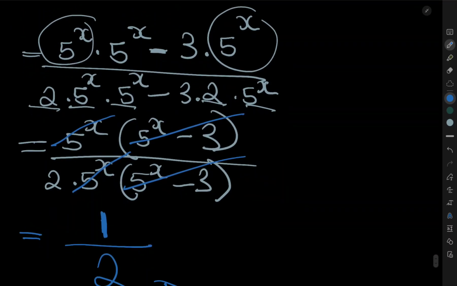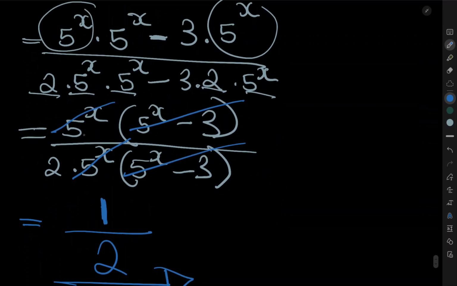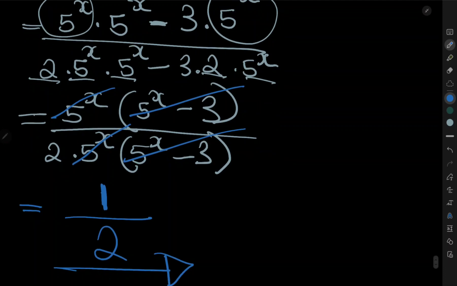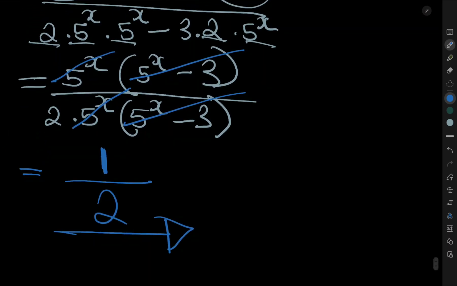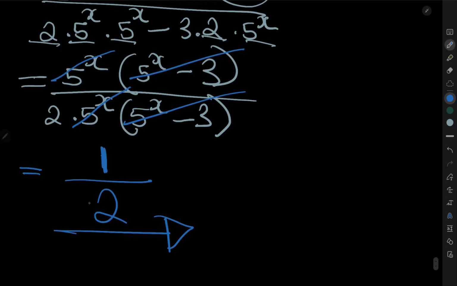And in this case, that's what we did. We took out the common factors, and from what's remaining, we see that it's the same thing, and we can cancel out in that situation and have 1 over 2 remaining. So those are basically the steps that you need to take in solving mostly exponential equations and expressions.